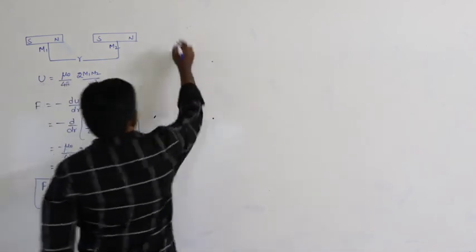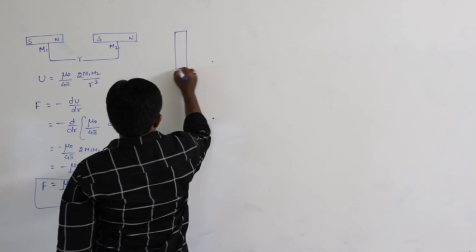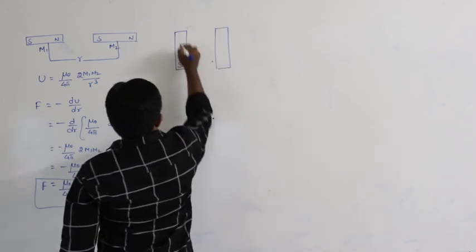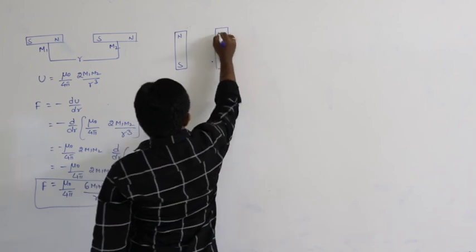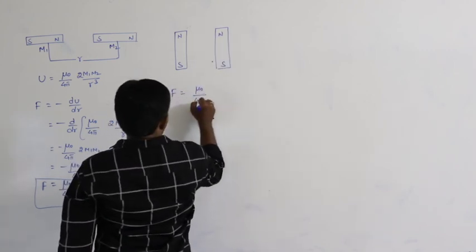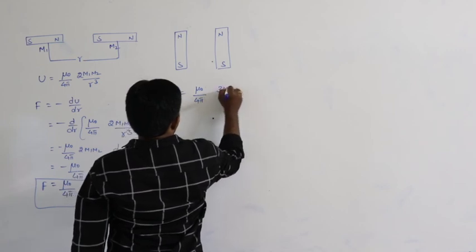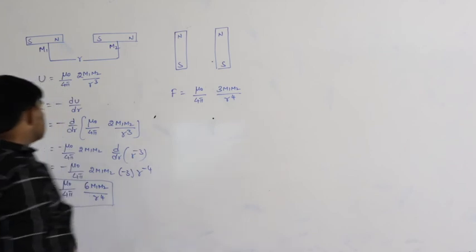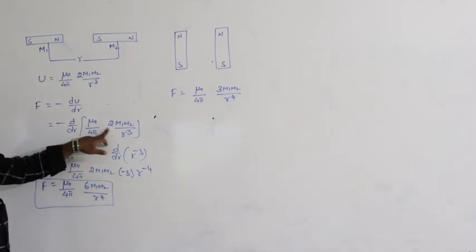In the same way, if the two magnets are arranged in their equatorial positions, then the force can be written as mu naught by 4 pi 3 m1 m2 by r power 4. Why is there a 2 extra?